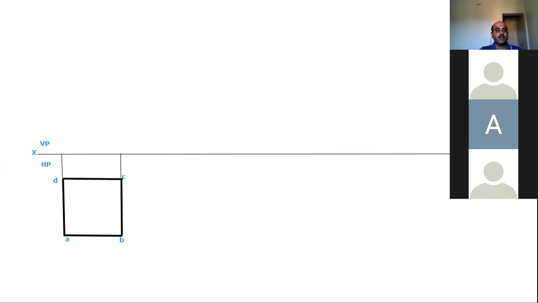Now you can see only the edge AB is visible in the front view and CD is not visible. So A dash is visible and D coincides with this one. And this is B dash, and within the bracket you get C dash, because BC is not visible in the front view.